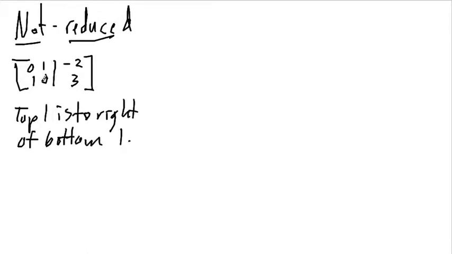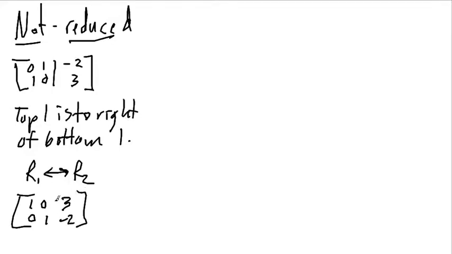That's not the way we want it. We want the bottom one to be to the right of the top one. How can I fix that? Well, if I just swap the two rows, then this guy will be to the left of this guy. So if I swap rows 1 and row 2, I end up with 1, 0, 3, 0, 1, negative 2.